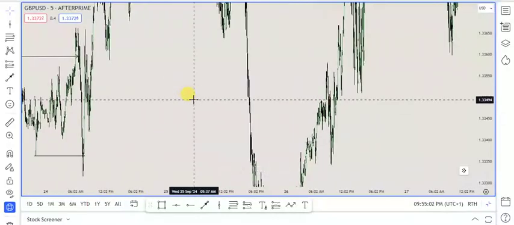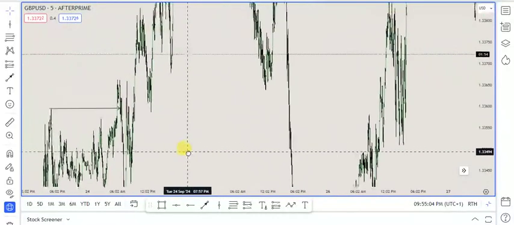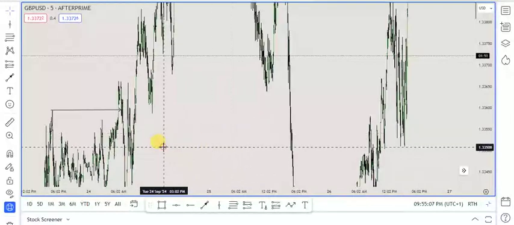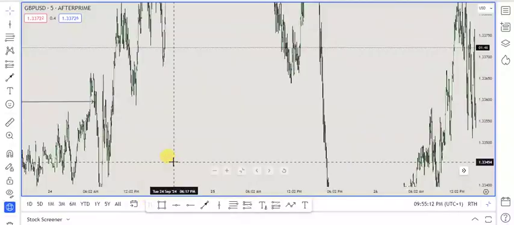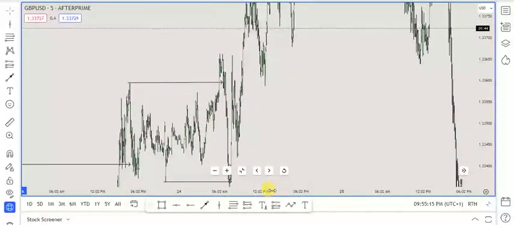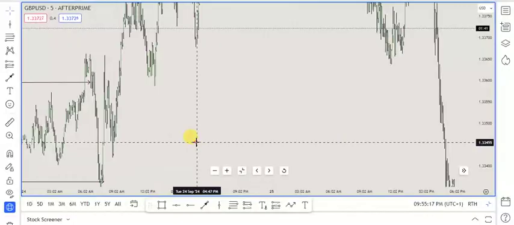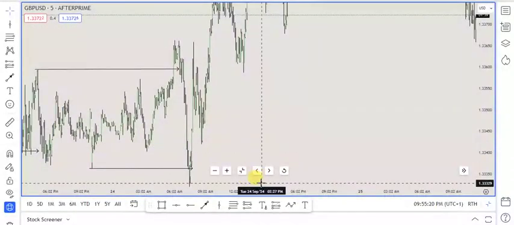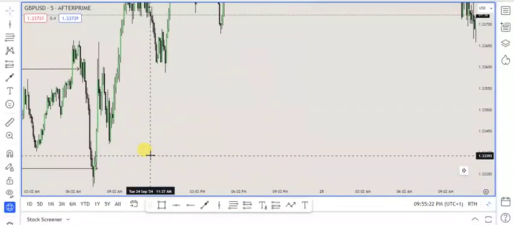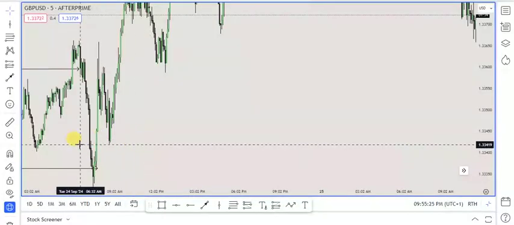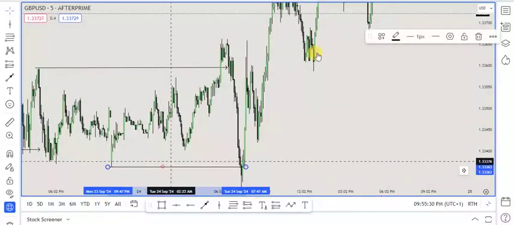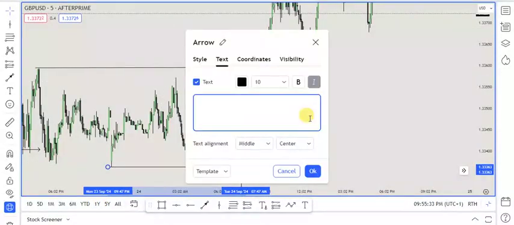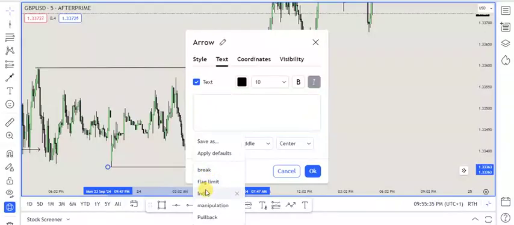Let me just expand it. Okay, so first of all, this was a break, this was a manipulation. We don't overthink it, right? We just treat what we are seeing.